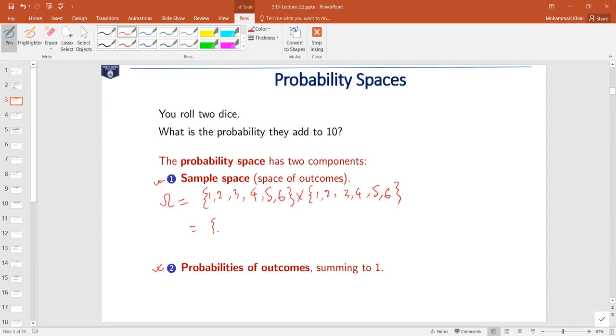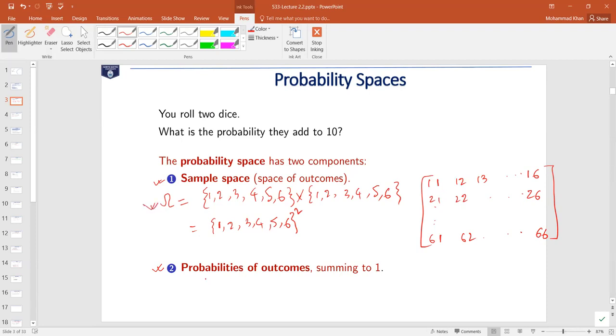Sometimes we even use a notation like this, {1..6} squared, or sometimes even in elaborate form like (1,1), (1,2), (1,3), ... (1,6), (2,1), (2,2), ... (2,6), until (6,1), (6,2), ... (6,6). So we're listing everything here. So this is our sample space. That means what could be any outcome. So all the outcomes that are possible will be in the sample space.